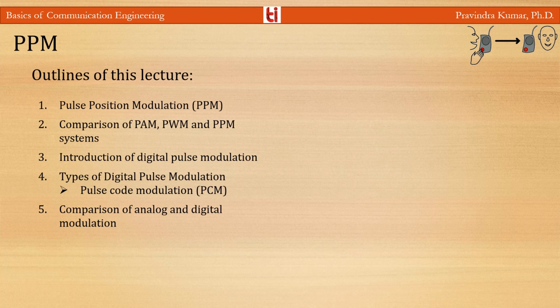The outline of this lecture is pulse position modulation, PPM, comparison of PAM, PWM and PPM systems, introduction to digital pulse modulation, and types of digital pulse modulation, where we will discuss pulse code modulation and comparison of analog and digital modulation.